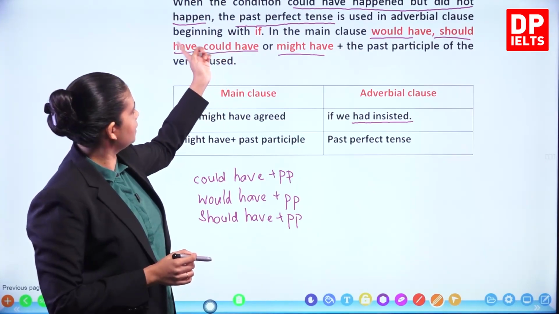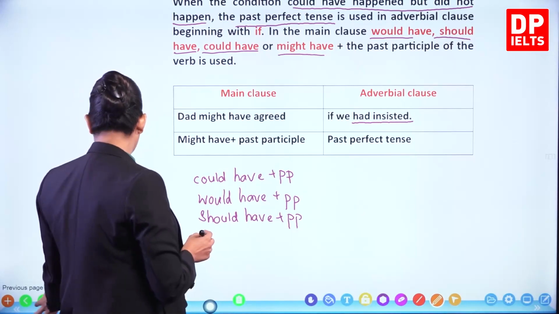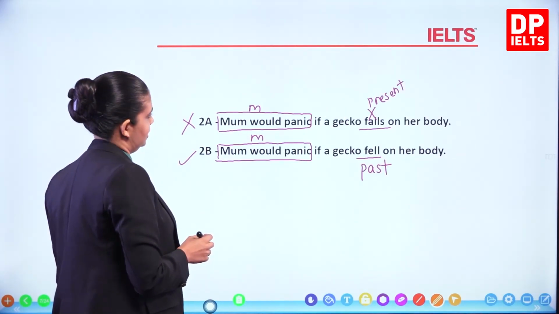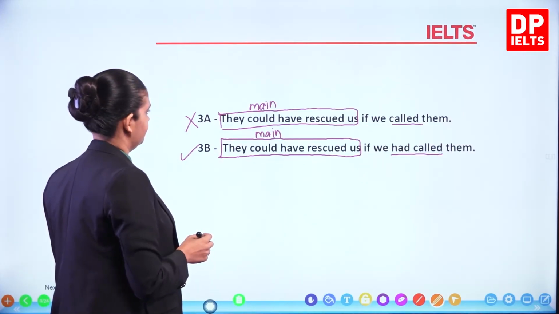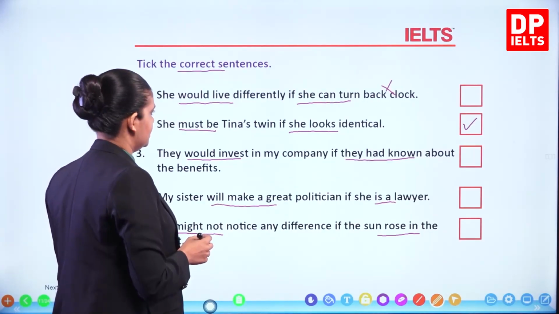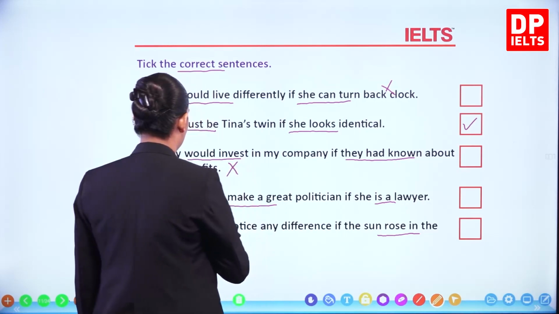Could have happened but did not happen. It should be the past perfect tense, right? But here the idea is completely wrong in the tense, in the sentence. So therefore, that sentence is wrong again.